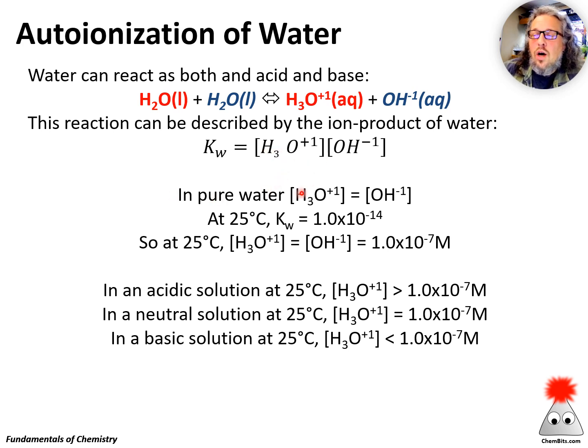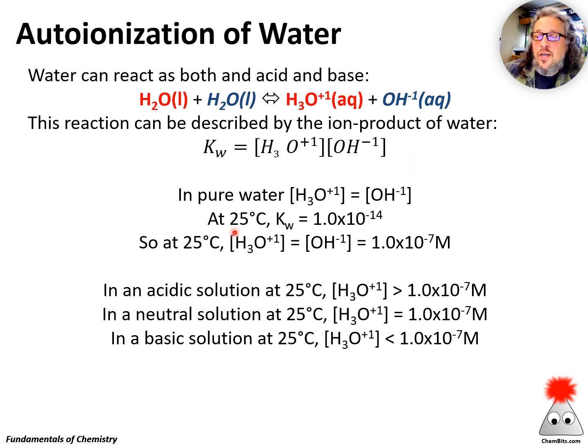In pure water, if all we have is water, the H3O+ concentration has to equal the hydroxide ion concentration, because for every one of these I make one of these. So these two concentrations in pure water have to be identical.